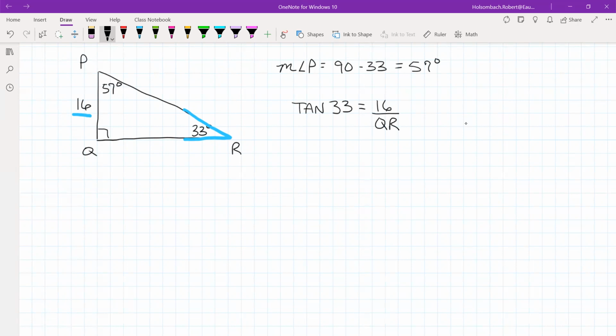So now we've got two more steps since the side we're looking for is in the denominator. We're going to multiply both sides by QR. That cancels this QR, doesn't it? And then we're going to divide both sides by tan 33.